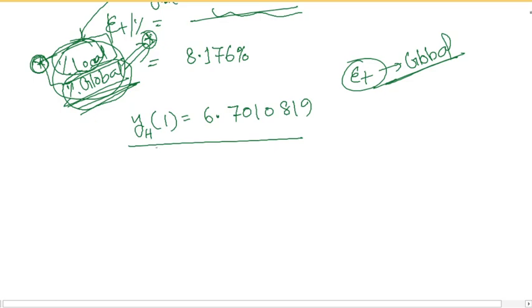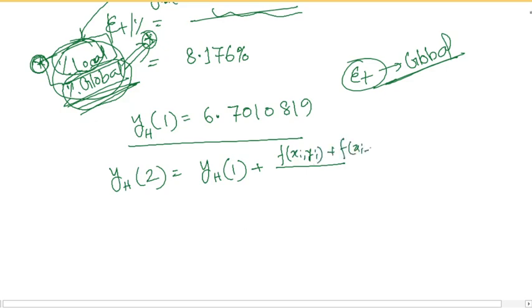Okay, so now for predicting Heun's method at 2, the next point, where the step size is 1, I'll have to use YH of 1 plus the average value. So f of xi plus 1 comma y naught, that is using Euler method. This value we will get, then the slope will be obtained, totally divided by 2 multiplied by h. This will be our approach here.